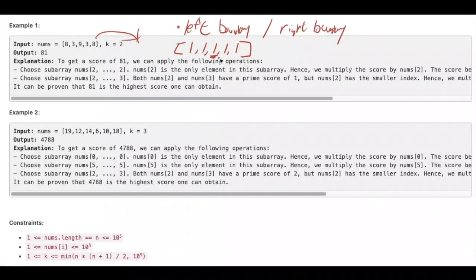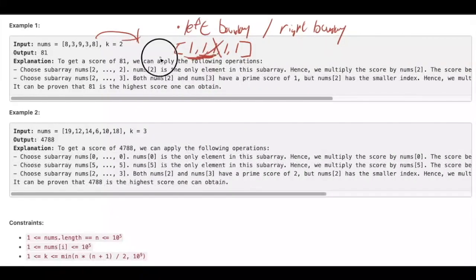If we want to know how many times it can be used, we must know the left boundary, meaning how far can I go to the left until I meet something that is larger than me. Because remember, if I meet something that is the same, then this 9 will immediately be gone.